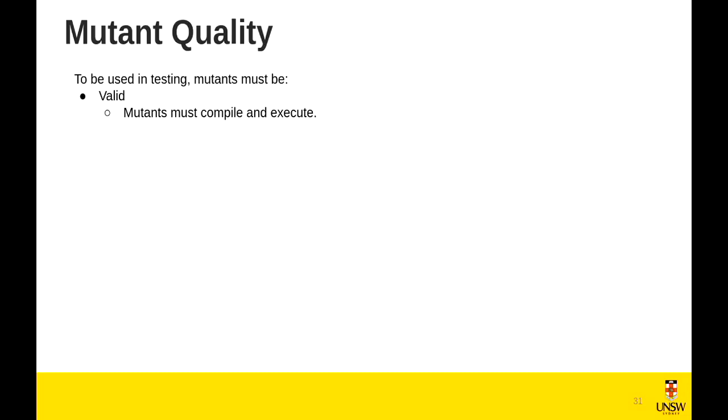Then that mutant is not considered for use at all. Because all the mutation operators are very small rules, they can be easily automated. So we can use scripts or programs to build a large number of mutants and try to get the valid ones.